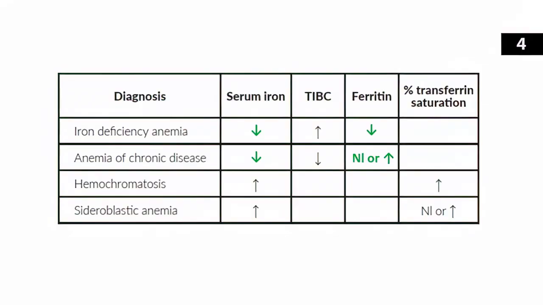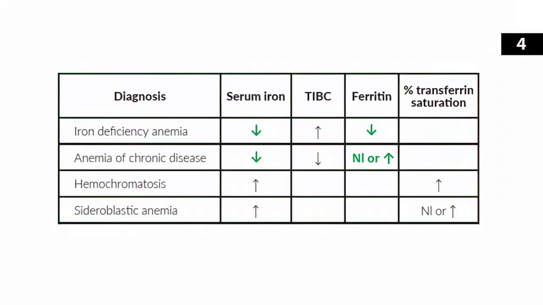Then the far right column is percent transferrin saturation. So that's the ratio of serum iron to TIBC. It kind of tells you how much of the transferrin, that iron transport protein, is saturated with iron. And this value will generally be calculated for you when you order iron studies. In iron deficiency, the transferrin saturation is going to be markedly decreased because you've got a lot of transferrin out there, but you don't have much iron.